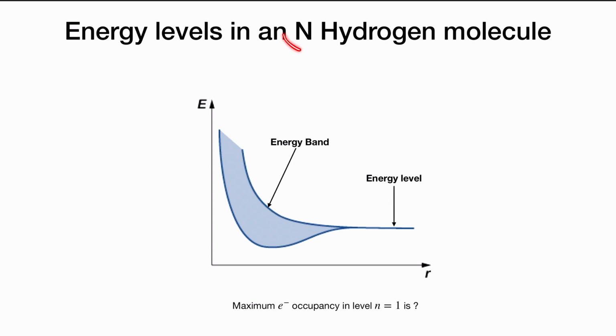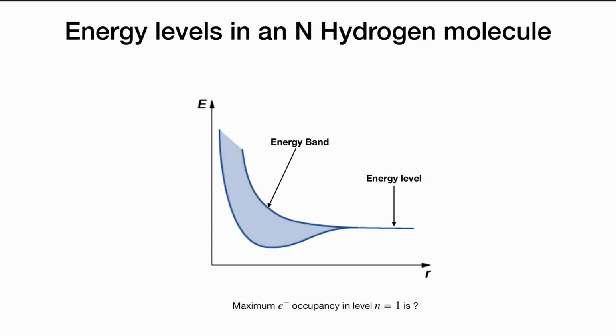That when you have an N here that is a big number, imagine 10 to the 23, when we go from a single atom to a molecule that has bonded with N hydrogen atoms, in the first energy orbit, suddenly we have this region which can accommodate electrons.